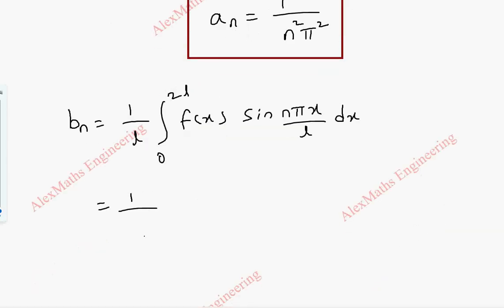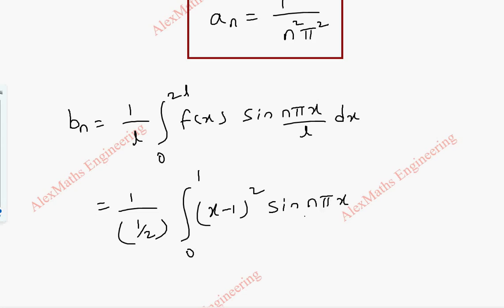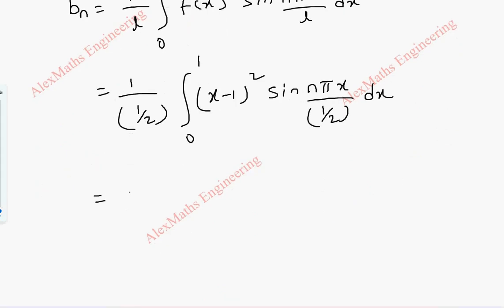Now L is half, so integral 0 to 1, f of x is x minus 1 whole square, and this is sin n pi x by half, L is half. Again, we are going to rewrite this. So this is 2 integral 0 to 1 x minus 1 whole square sin 2n pi x dx.